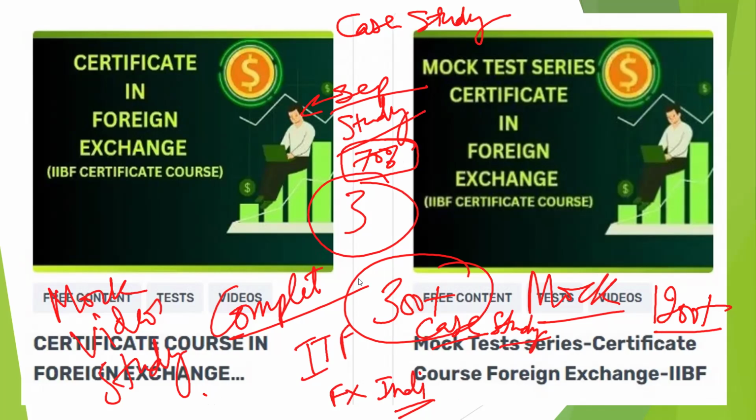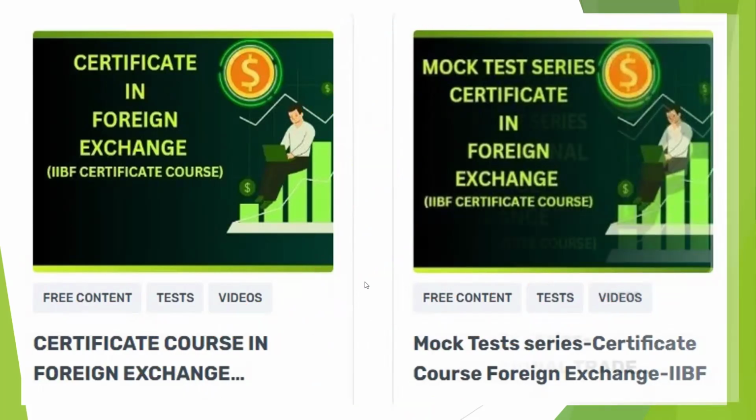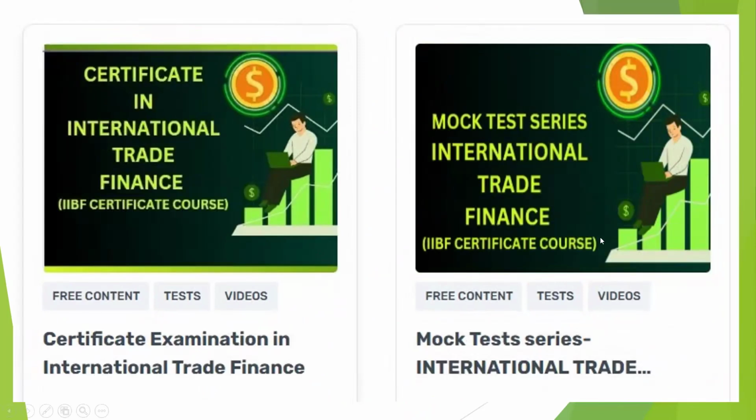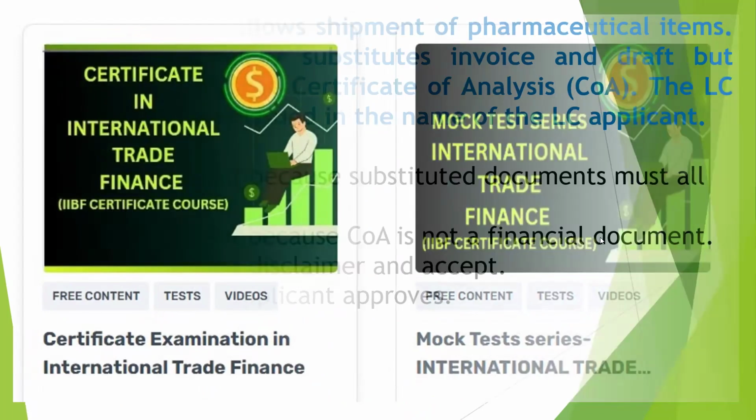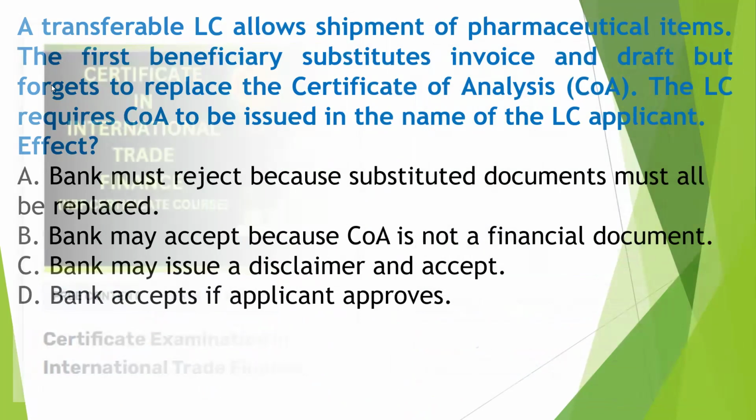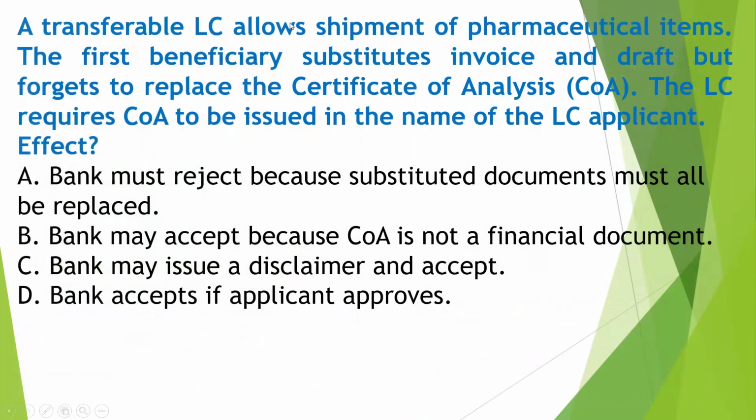Okay, so let's see the next question. This is international trade finance, that I already told. A transferable LC allows shipment of pharmaceutical items. The first beneficiary substitutes the invoice and draft but forgets to replace the certificate of analysis. The LC requires the certificate of analysis to be issued in the name of the LC applicant.